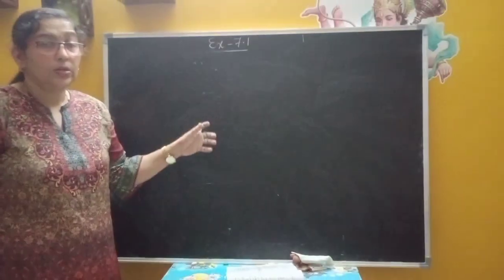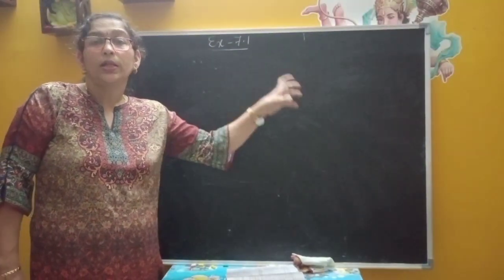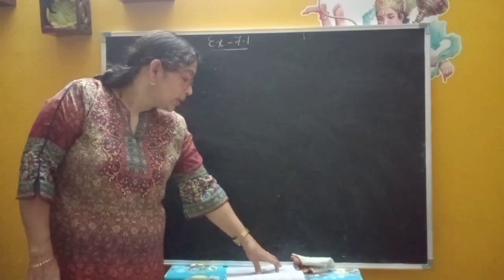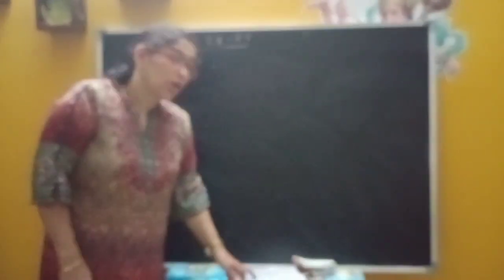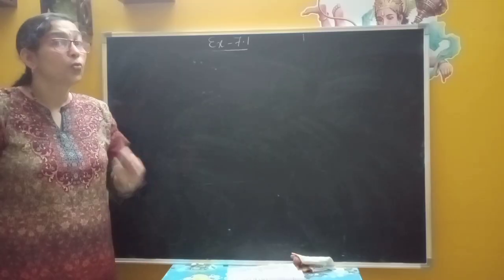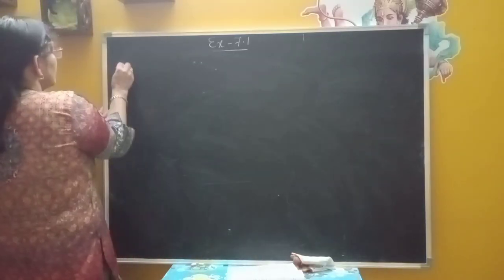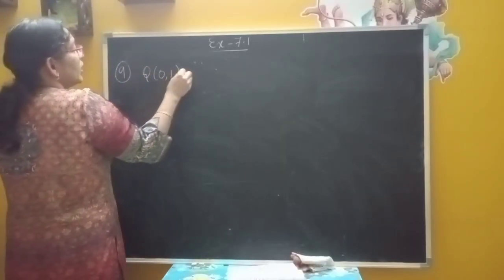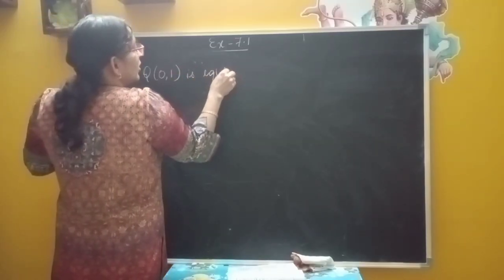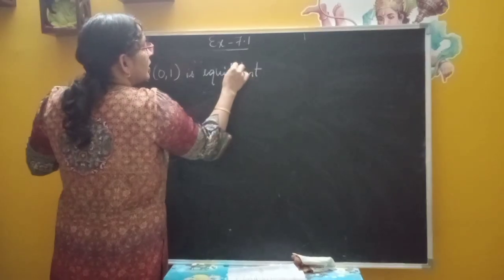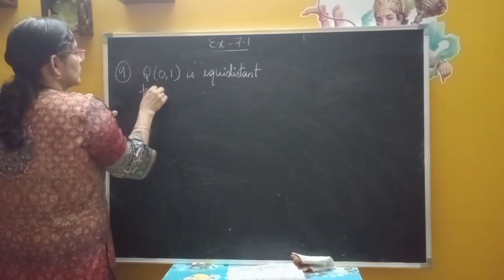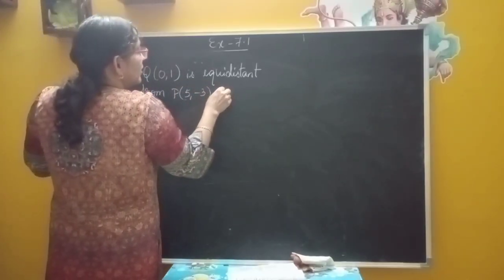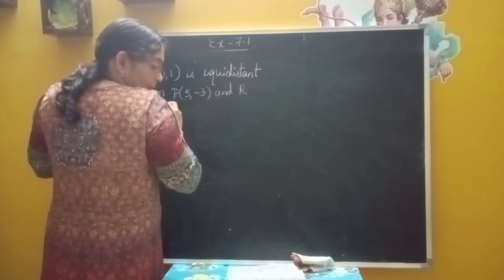In the previous problem you had the point on the x-axis, so we took the point (x, 0), but here they have given the point Q as (0, 1), which is on the y axis.